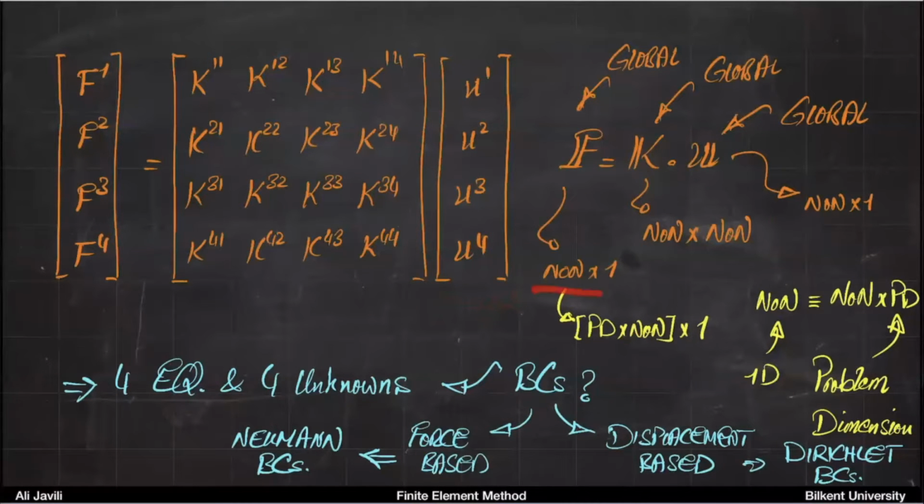And then their dimensions, in this case, it's basically number of nodes times 1, number of nodes times number of nodes for the stiffness, and number of nodes times 1 for the displacement. And as we mentioned previously, this number of nodes is in general problem dimension times number of nodes. And here it's 1D, so it's just number of nodes.